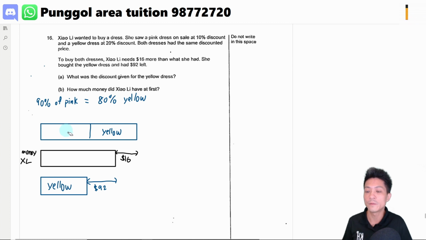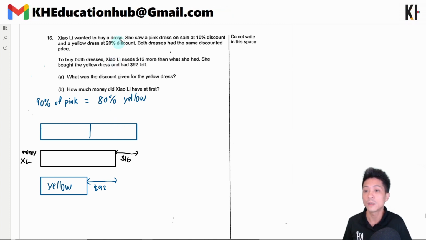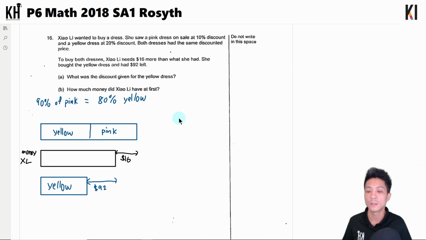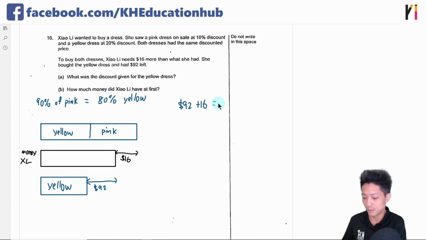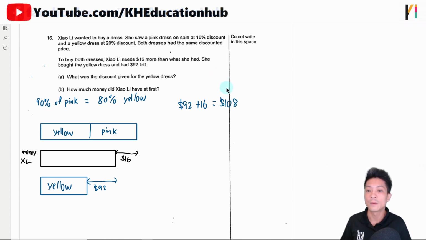I think it'll be easier if I reverse this, okay, and change this to yellow instead, and this to pink. Okay, so we can now see that the pink dress, right, is equals to 92 plus $16, right? So 92 plus 16 is equals to 108, right? What was the discount given to the yellow dress?